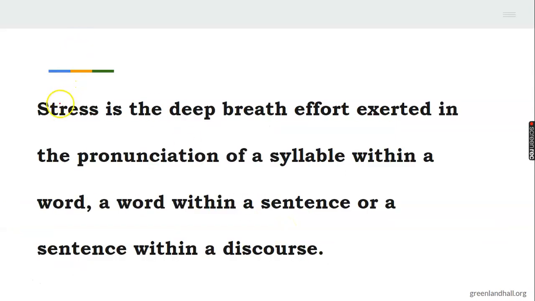What is stress? Stress is the deep breath effort exerted in the pronunciation of a syllable within a word, a word within a sentence, or a sentence within a discourse. Very, very important. If you are not careful, you might take the word stress for another meaning.